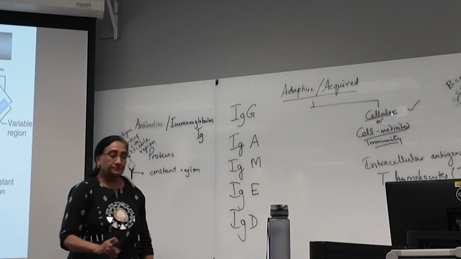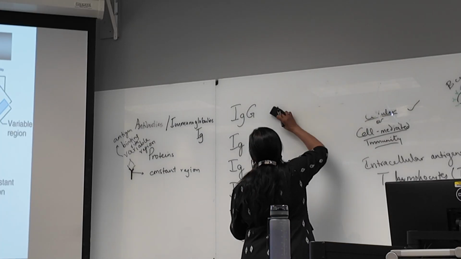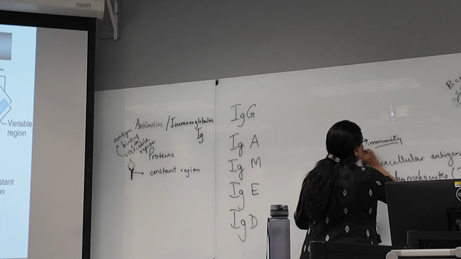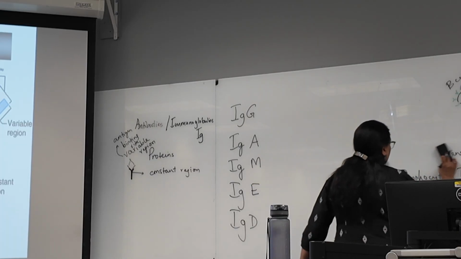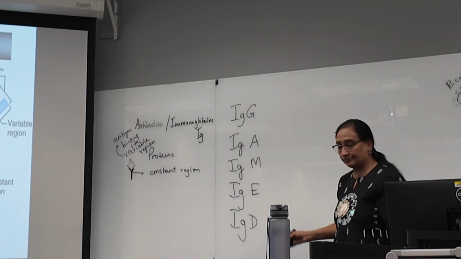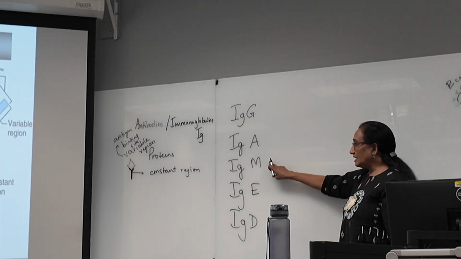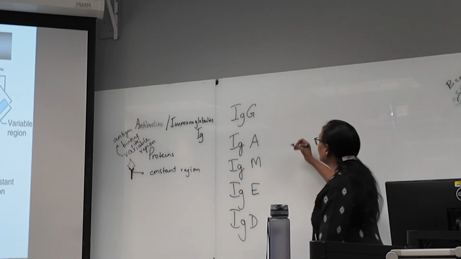Is the M lowercase? Not lowercase, all uppercase. All of them are uppercase. You never write immunoglobulin with lowercase. All uppercase letters. IgG, IgA, IgM, IgE, IgD.